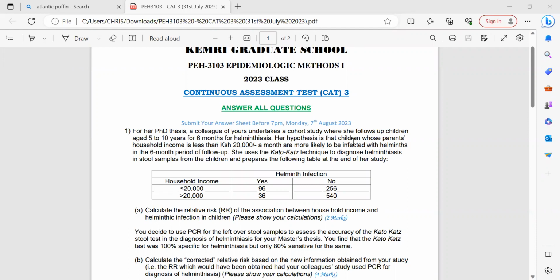So that now we will have 96 in bracket over the bracket, 96 plus 256, divided by C, which is 36 in bracket over bracket 36 again plus 540.